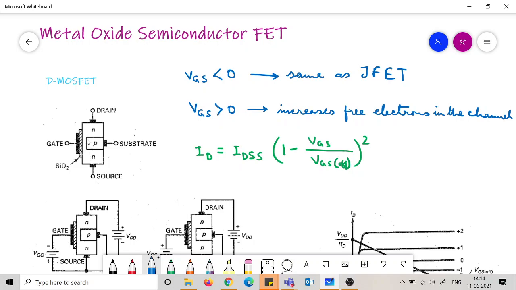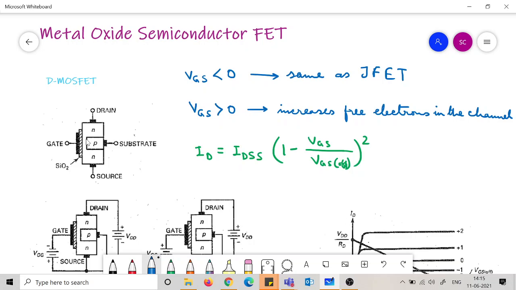So whatever majority carriers, N-type carriers, were there, they are getting combined with the P-type holes. So this narrow region is getting narrower. And the depletion here happens from the side of the P block. So the P block, as if it extends out in a depletion layer.